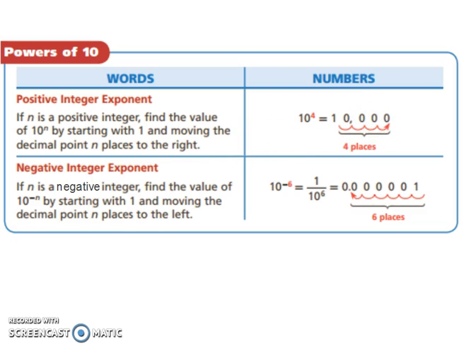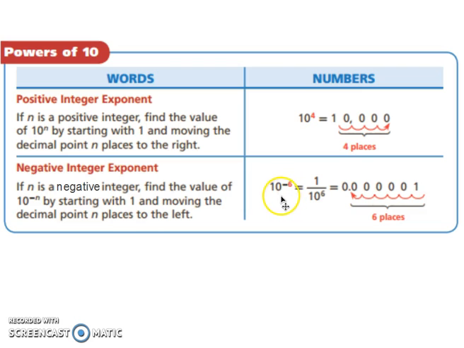What about negative integer exponents? If n is a negative integer, find the value of 10 to the negative n by once again starting with 1 and moving the decimal point n places to the left. So say we have 10 to the negative 6th.